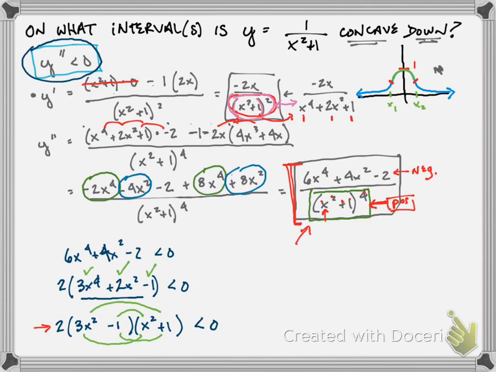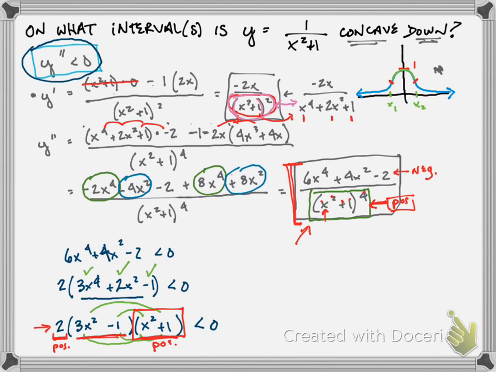Now, I want you to again consider what we talked about up here. Consider something similar. x squared plus 1. No matter what you put in for x, no matter what we substitute for x, x squared plus 1 will always result in a positive. 2 is also positive. I need 2 times x squared plus 1 times 3x squared minus 1 to be negative.